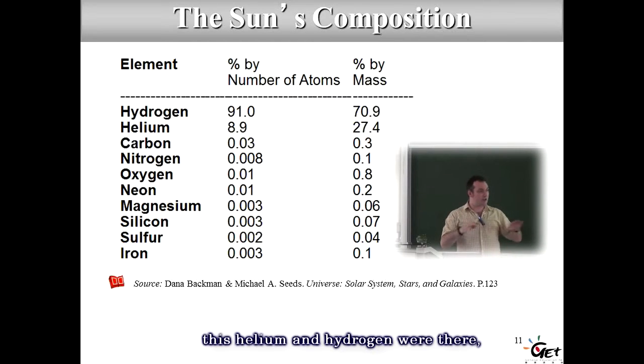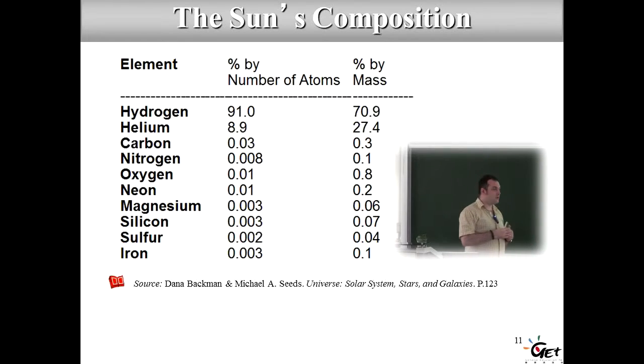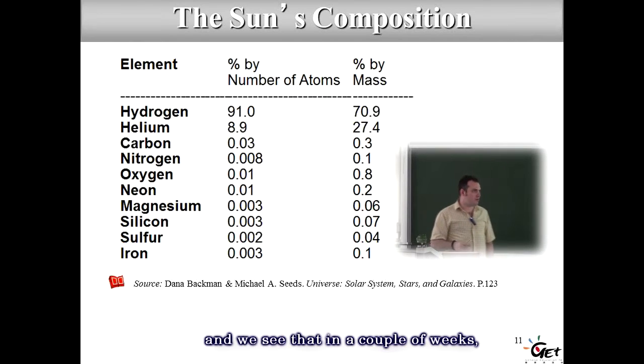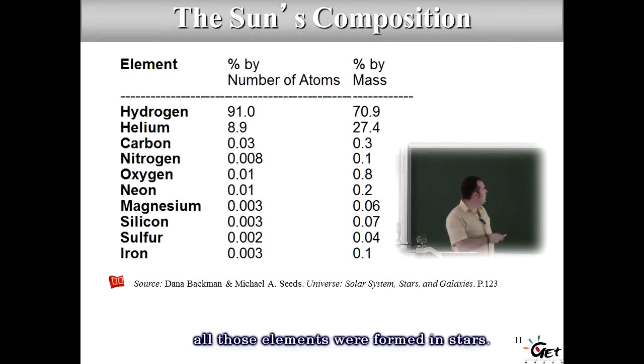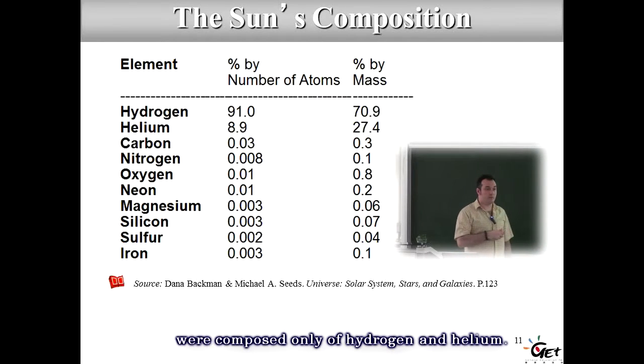Then this helium and hydrogen were there, and the stars were created out of them. And all the other elements that we're seeing here, as we will see in two weeks when we start discussing the evolution of stars, were formed in stars later. The first stars were composed only of hydrogen and helium.